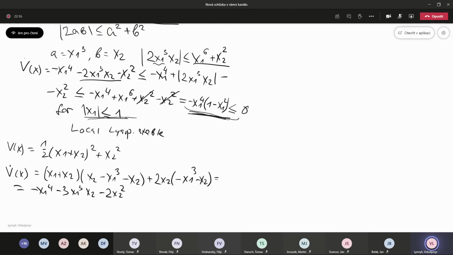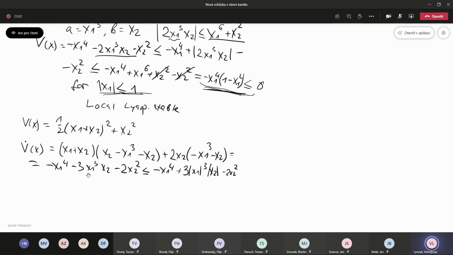Okay, and it's less or equal to minus x1 to the 4th degree plus 3 x1 cubed x2 minus 2 x2 squared. Any question here in this step?